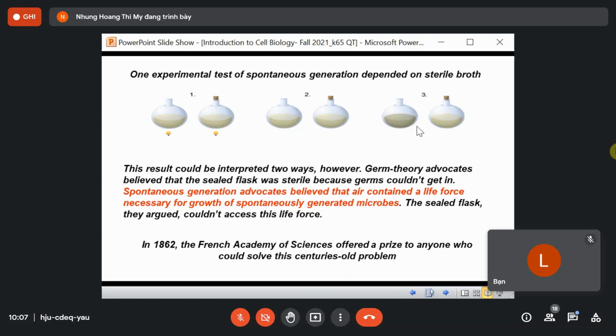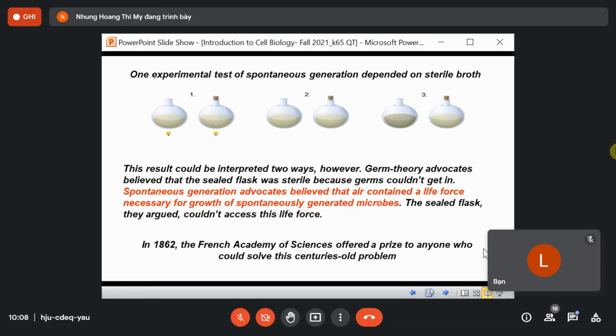I think for nearly one century, they still did not agree with each other about where cells come from. Until the year 1862, when the French Academy of Sciences offered a prize to anyone who could solve this century-old problem.